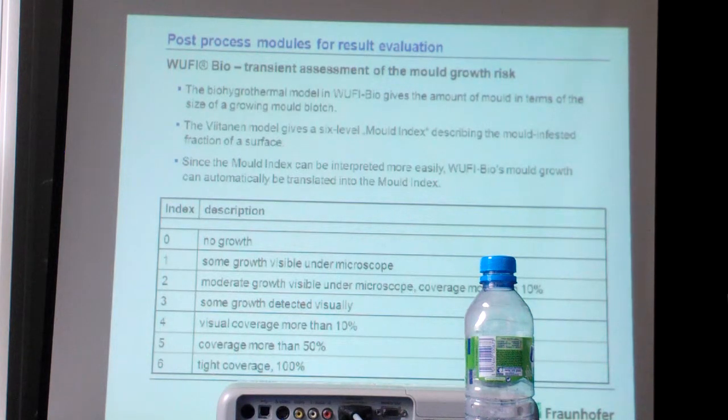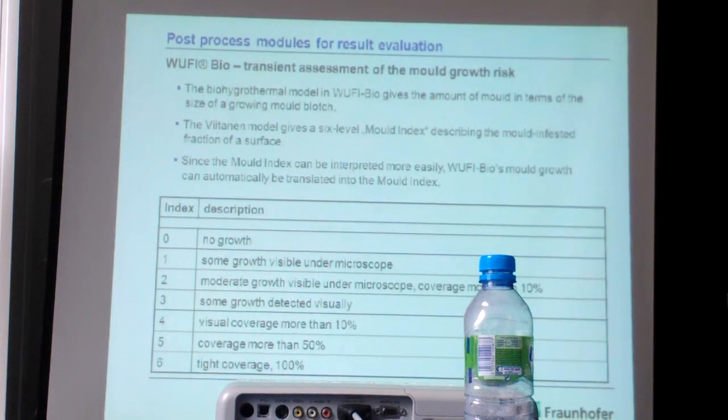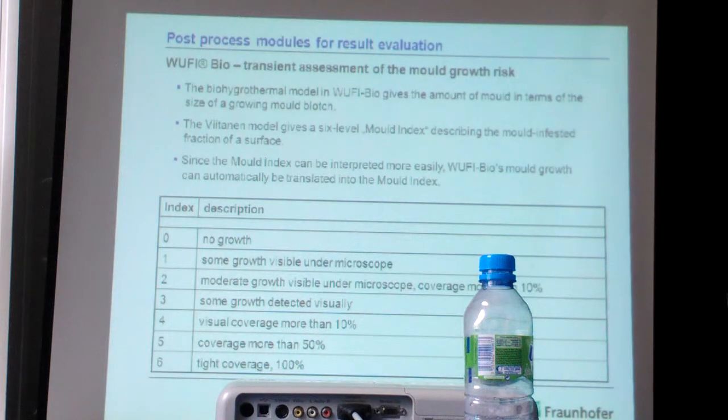But I think it's easier if you have a table which is saying, grade 4, you can see a little bit. So I more like to use this Viitanen index, and you can switch the graphic in the post process. You can switch between the two indexes, or the two models.